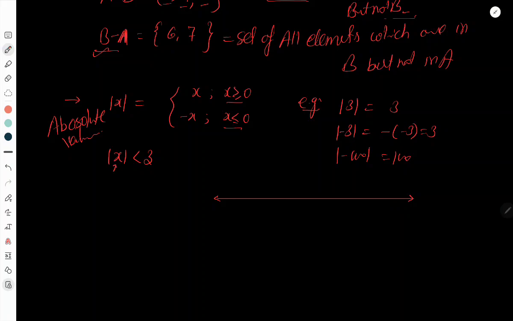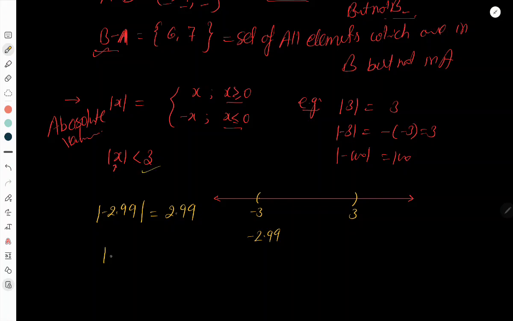If I take numbers from greater than minus 3 to less than 3, like minus 2.99, then the modulus will be only 2.99, the absolute value, and that is less than 3, correct or not?